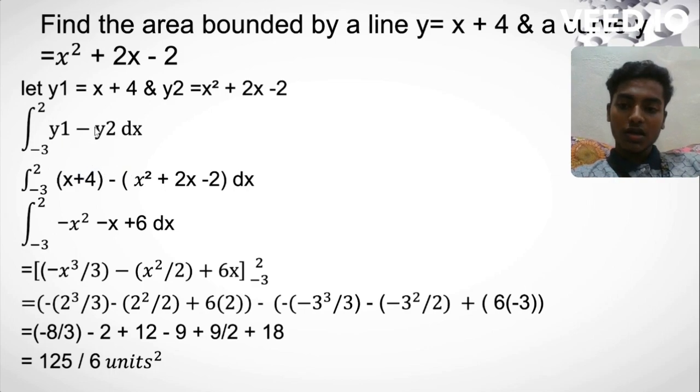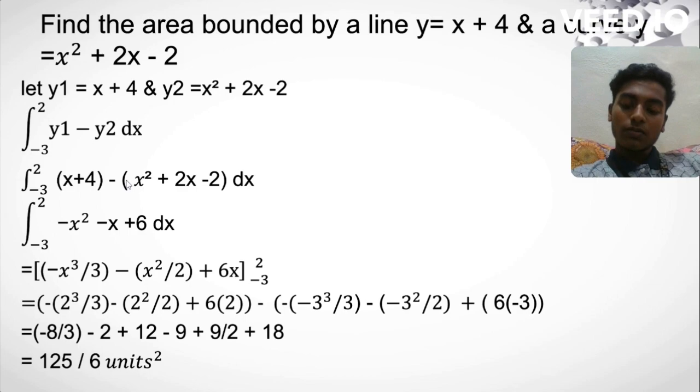When we substitute both of those, we get the integral of (x plus 4) minus (x squared plus 2x minus 2) dx with the upper limit of 2 and the lower limit of negative 3.